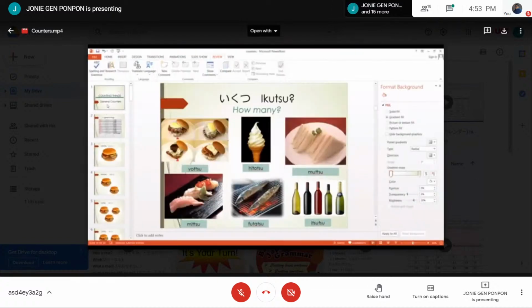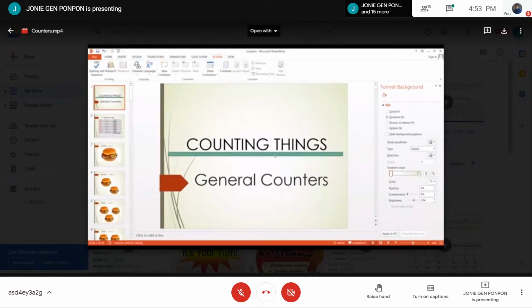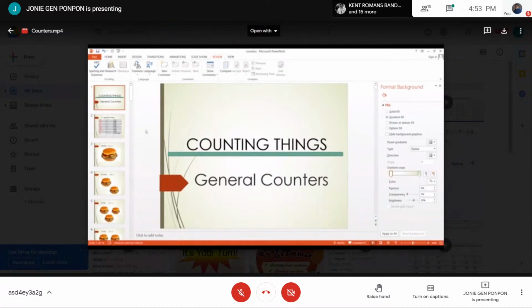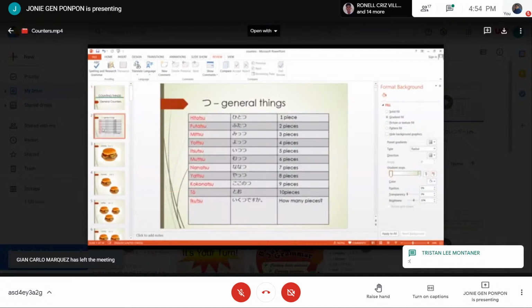As you can see, this is a presentation for counting things, or the general counters in Nihongo. The question ikutsu desu ka? If you say ikutsu only, that is how many. But if you say ikutsu desu ka, that is the formal style of questioning. How many pieces?